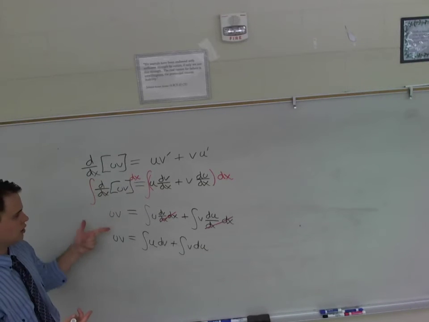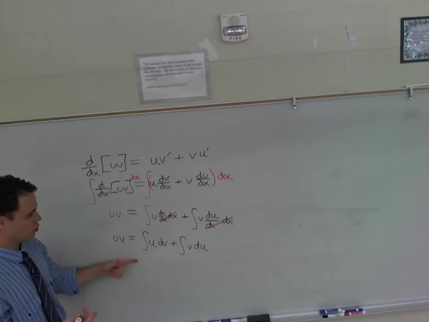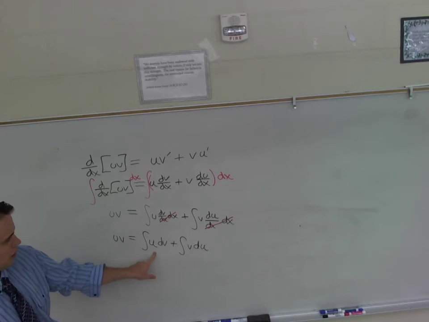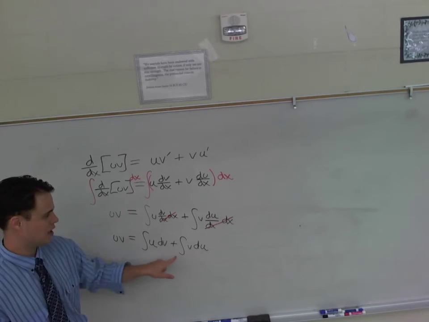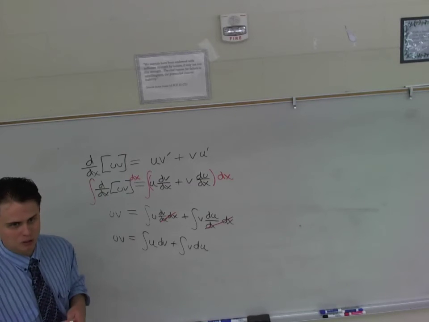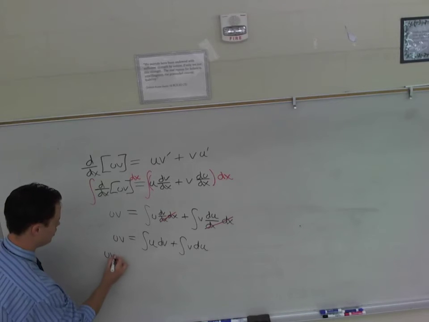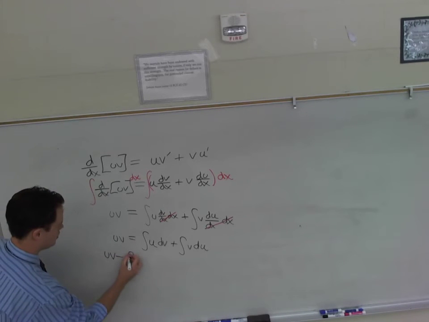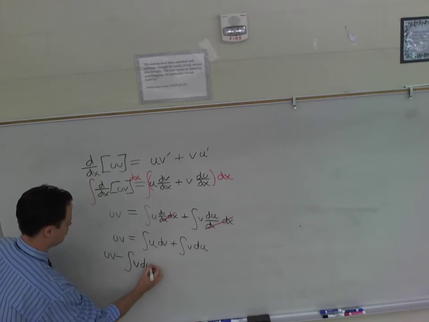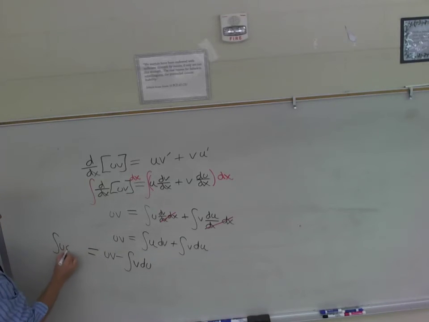And we just manipulated it down until we got a tool we could use for integrals that could be written like this or like this. It really doesn't matter. It's just tradition that they subtracted this one over there. You really could have done it either way. Because now if we subtract that over there, we get uv minus the integral of v du is equal to what? The integral of u dv. And isn't that the original problem that you're supposed to start with?